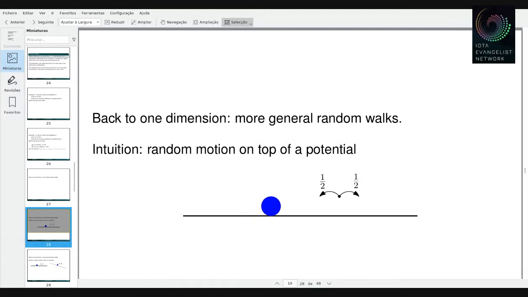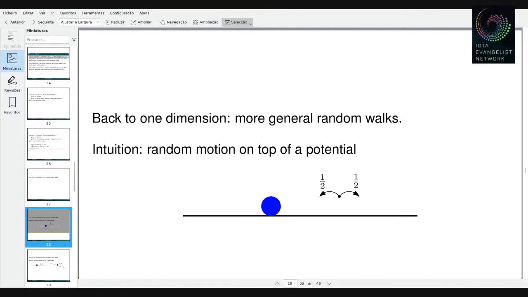Okay, so I'm going to explain to you some sort of intuition. I mentioned that you can think about a random walk as the motion of a drunken person, a drunkard. Sometimes in textbooks they even call random walks drunkard walks.